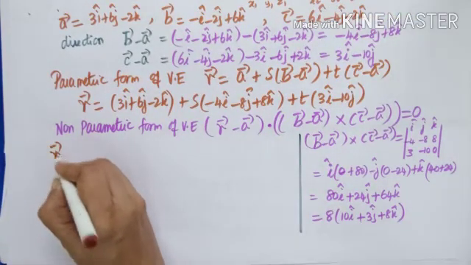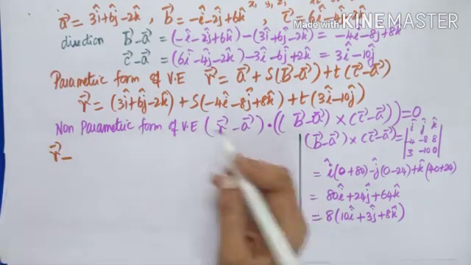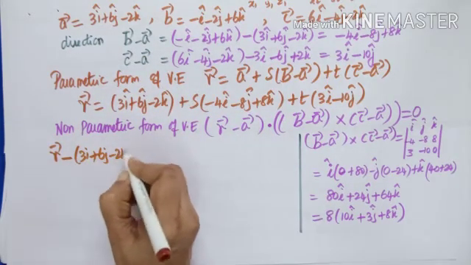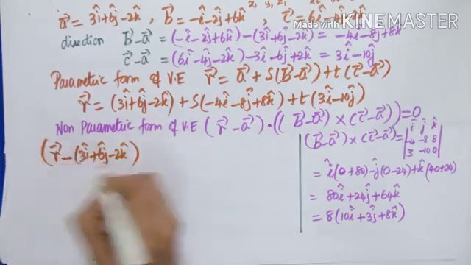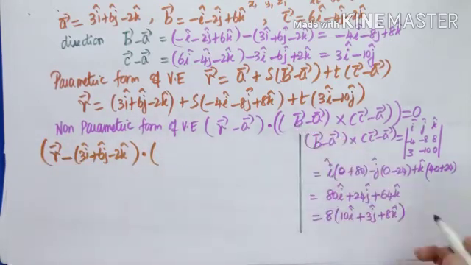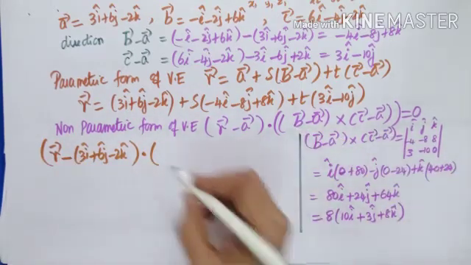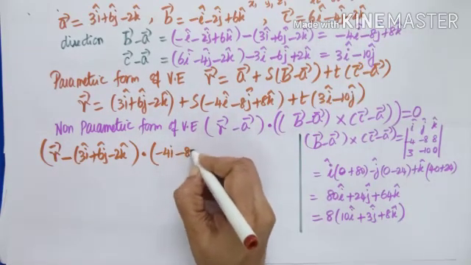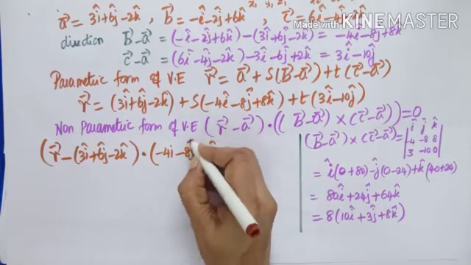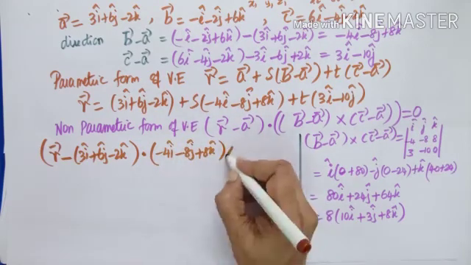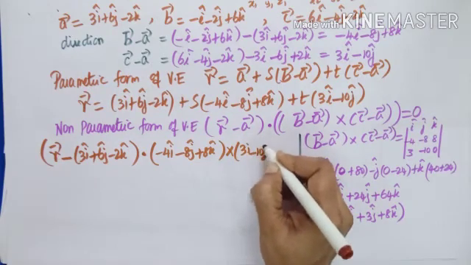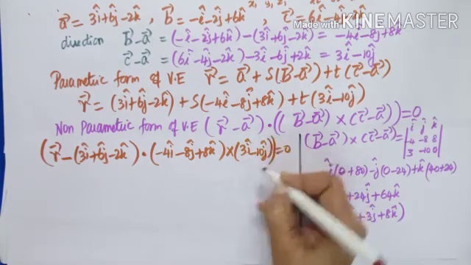R vector minus, what is A vector? 3i plus 6j minus 2k, dot B minus A cross C minus A. It is minus 4i minus 8j plus 8k, cross, what is C minus A? 3i minus 10j equals to 0.